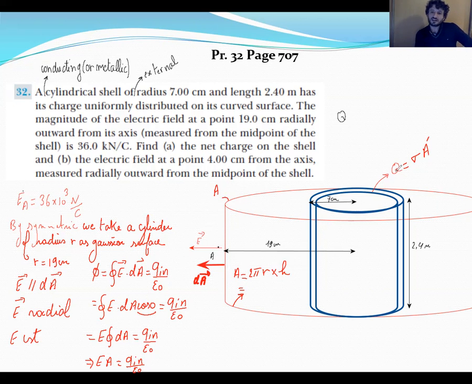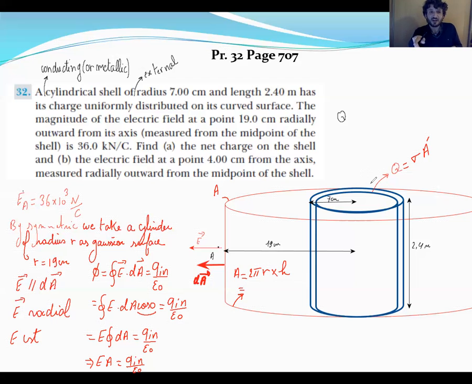So Q is distributed on the surface, so we have a surface charge density. If we have a uniform charge density and this object is not metallic, in this case we have to calculate the volume, because the charge will be distributed inside all the body of the shell.